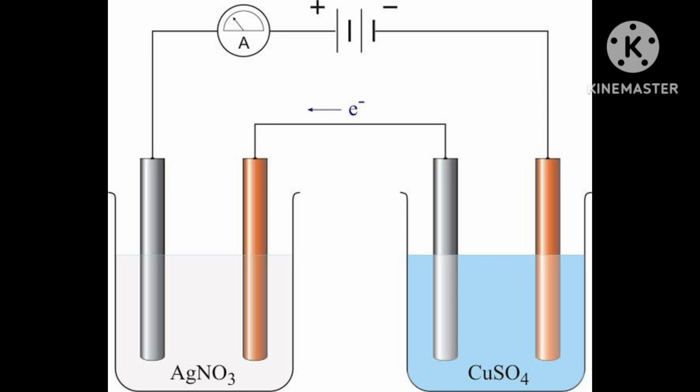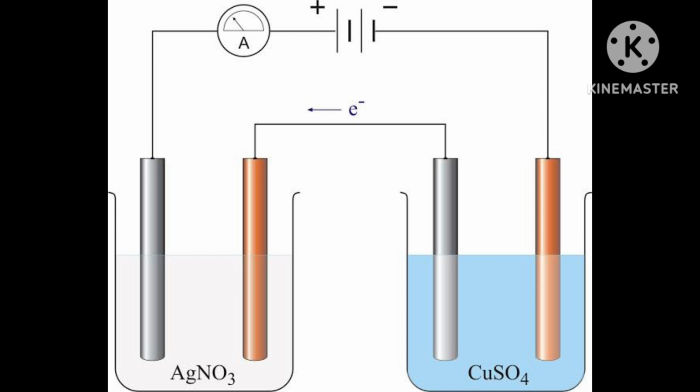900 coulomb. Correct? Then according to the reaction, copper sulfate gives Cu2+, which requires 2 electrons, that is 2 moles of electron. Cu2+ plus 2 electrons gives copper, which means copper will deposit.